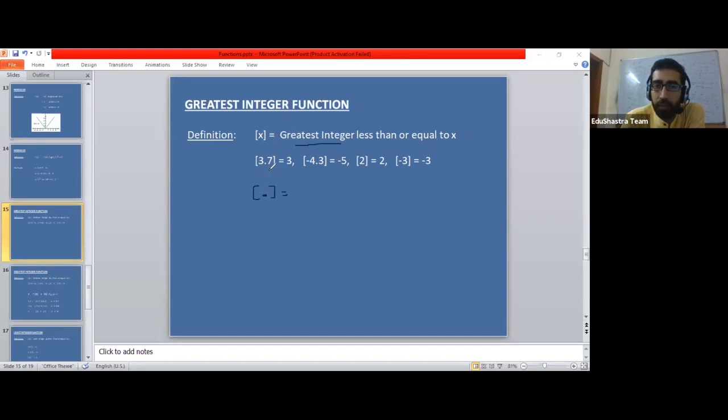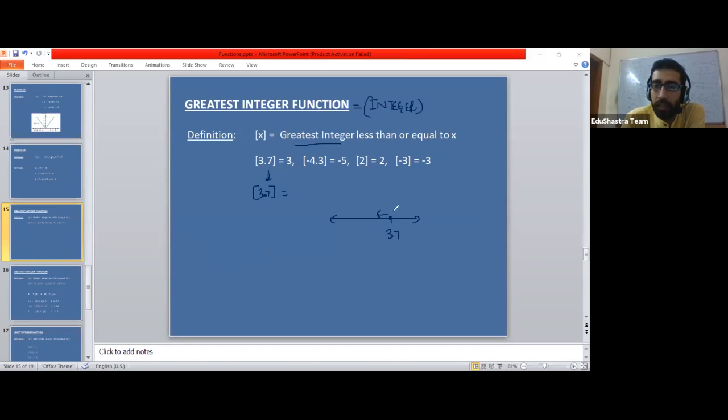For example, the greatest integer value of 3.7 would mean, if you locate 3.7 on the number line, the greatest integer of 3.7 would either lie on 3.7 or to the left of it. It can lie on that number if that number is an integer. The output of the greatest integer function is always an integer.